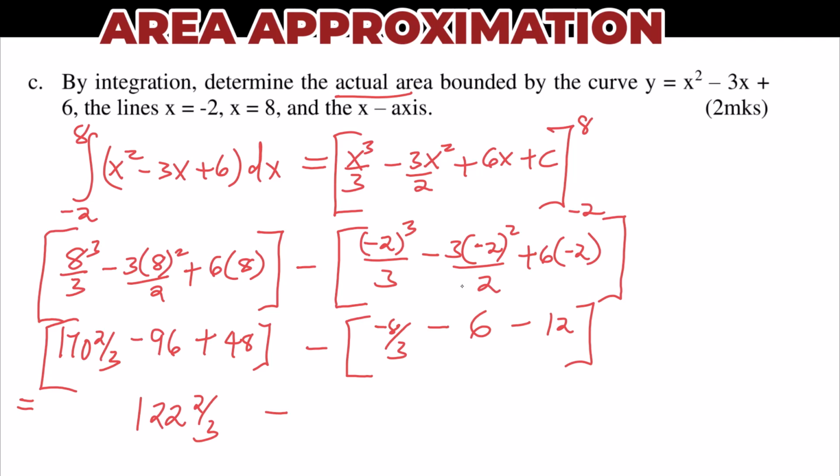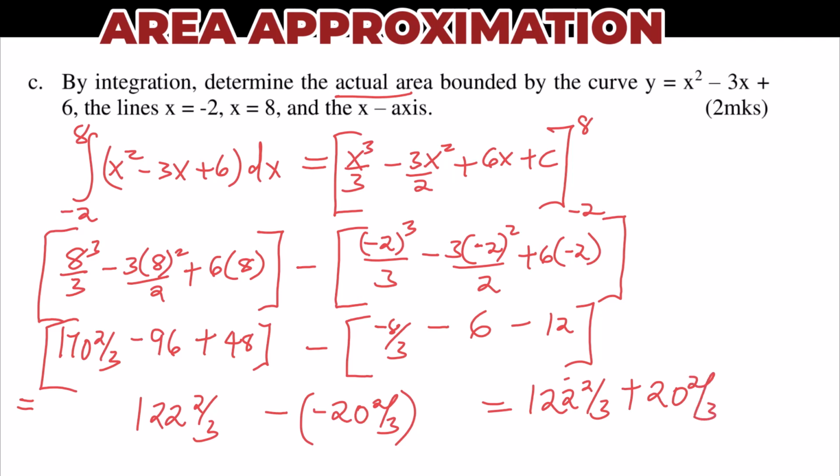That will give negative 20 and 2/3. So the moment you open this bracket, you have 122 and 2/3 plus 20 and 2/3.